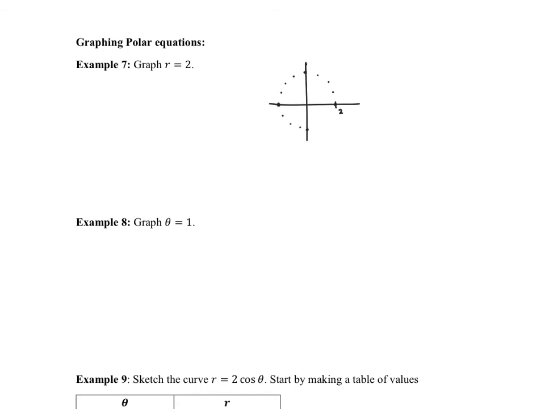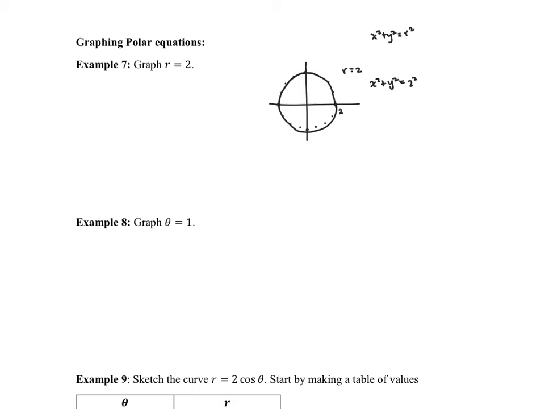So if r equals 2, there's no dependence at all on the angle measure. That would be the graph of r equals 2, right? That tells me that x squared plus y squared would equal 2 squared. We said that x squared plus y squared equals r squared.